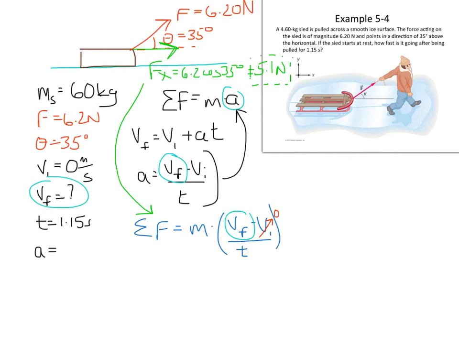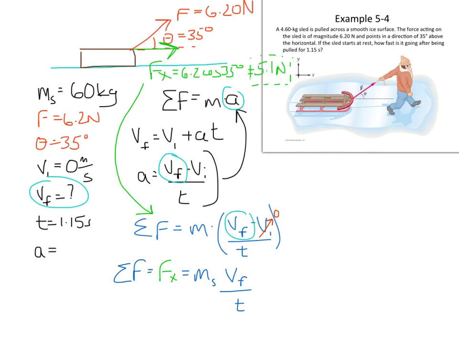We're going to say that our net force, which is really, like we said before, our force in the x direction, equals what? Well, in this case, it's going to be mass of the sled times the final velocity over the time. Oh, and I forgot my equal sign, sorry.